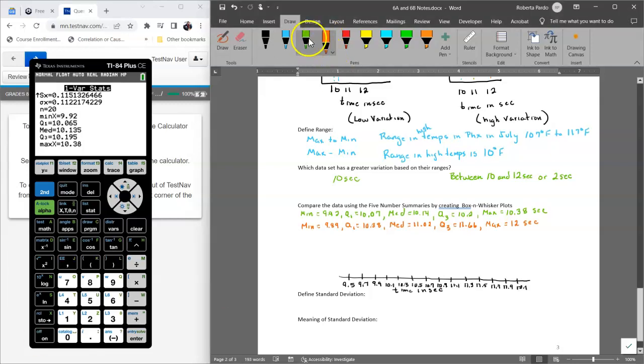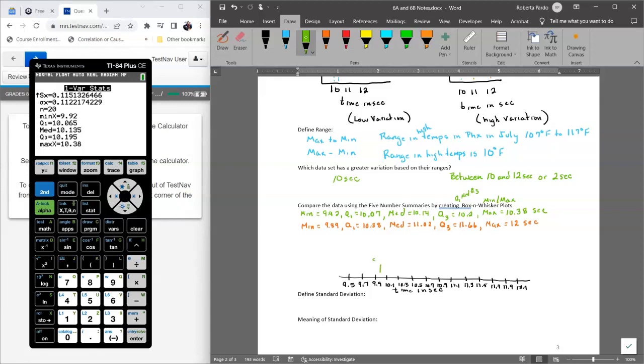Okay, so for the first set of data, the minimum and the maximum are the whiskers. And then the box is made up of the first quartile, the median, and the third quartile. And so for the minimum, we have 9.92, so that's approximately here.